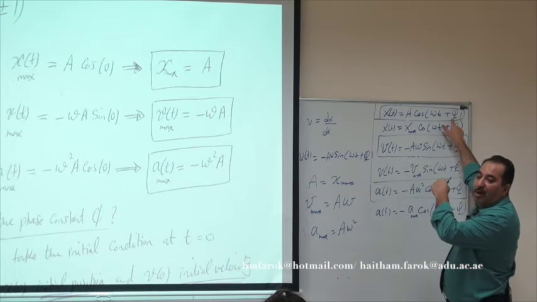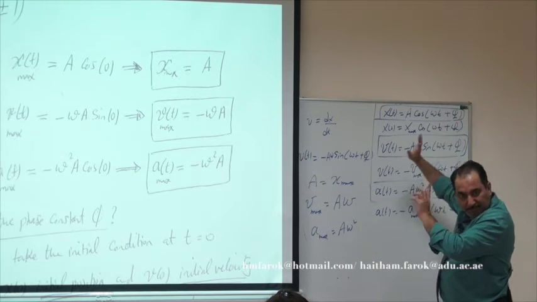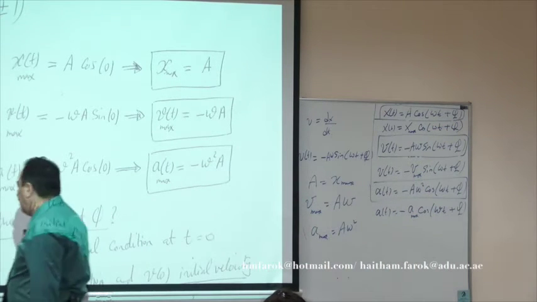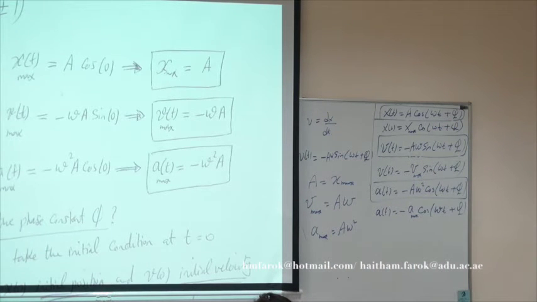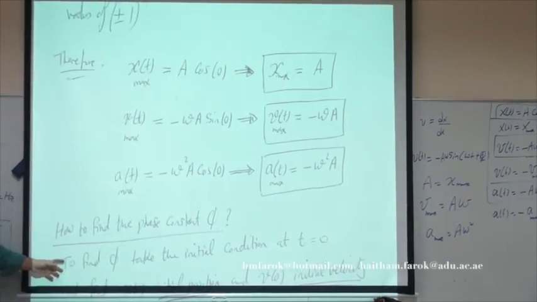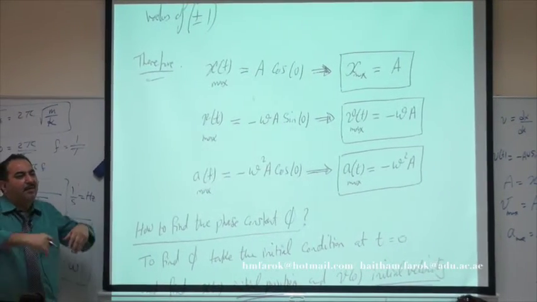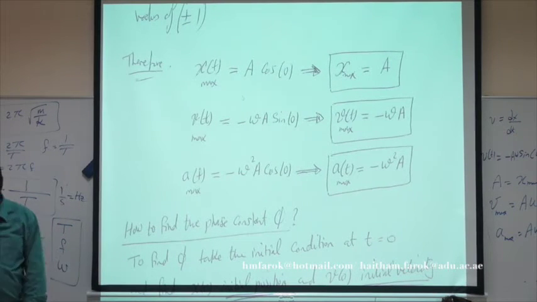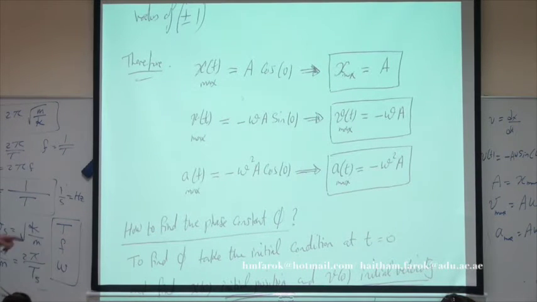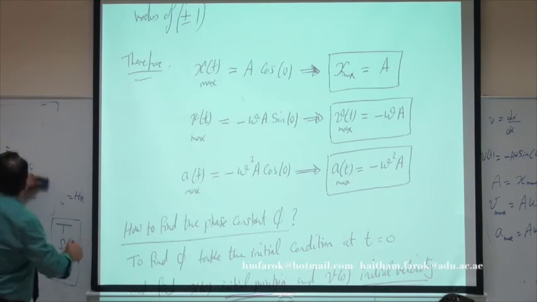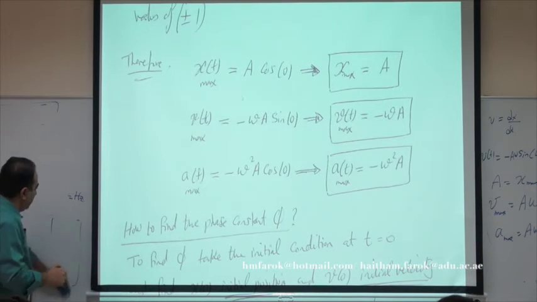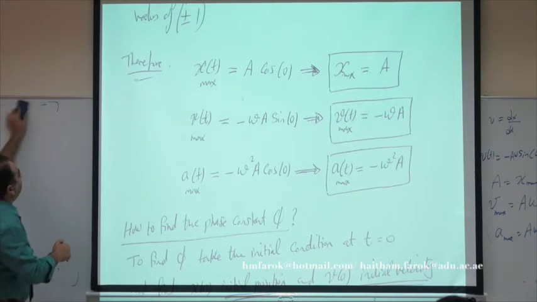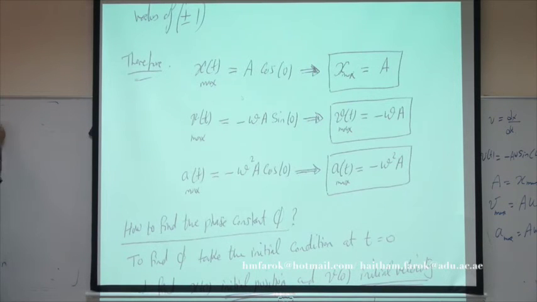So now we have to know how to find phi. What is phi? Ignore this document here. Not ignore it, you can look at it. But I have another way to find phi, which is much easier than this one, yeah? On the PowerPoint. So now, what's the title? How to find?